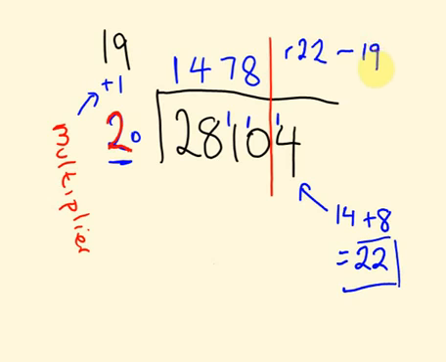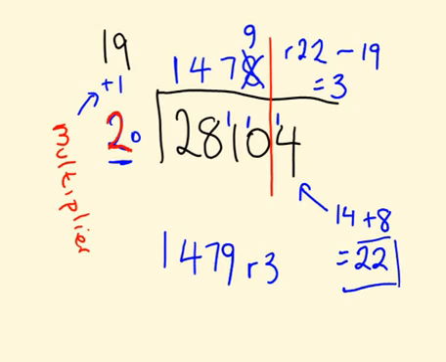If I take 19 out of it, I get the answer of 3. So we're going to end up with the remainder of 3. And that 1 of 19 I've got out of it, I'm just going to get rid of that 8 here and add it on here. So our answer should be 1479, remainder 3.